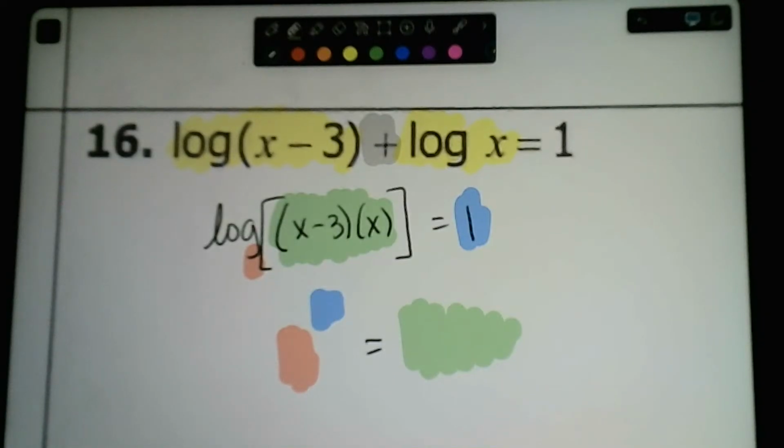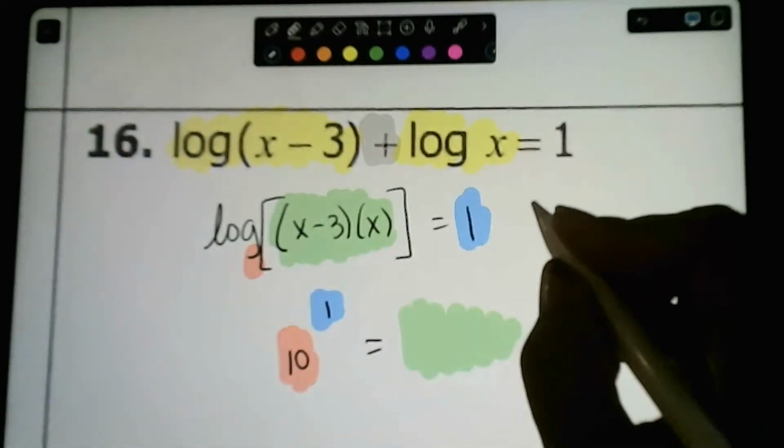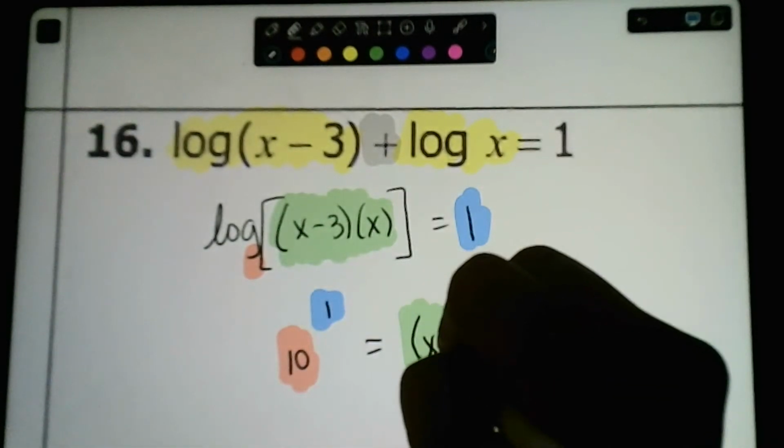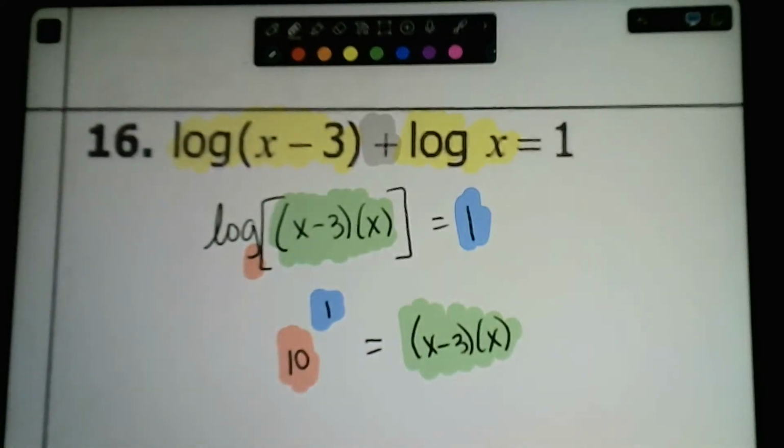What number do I assume it is? 10. It's the number of fingers you have. Okay, I remember it like that. And then this becomes a standard quadratic equation for you to solve, which means you can go to factoring, completing the square, or the quadratic formula. I don't recommend synthetic division or long division.